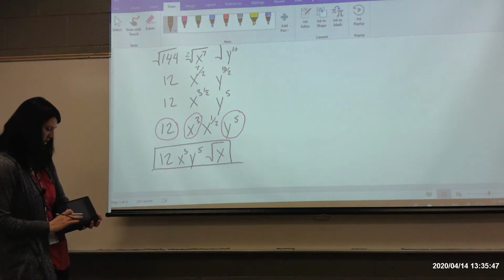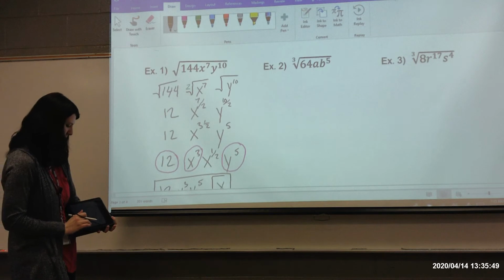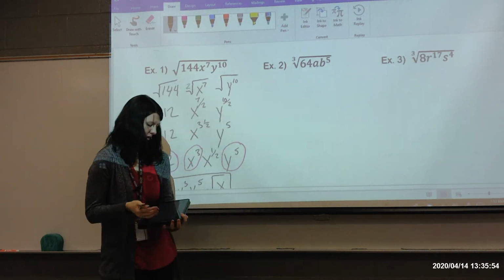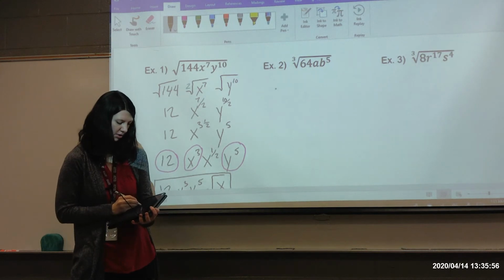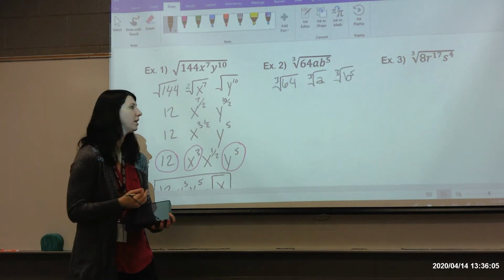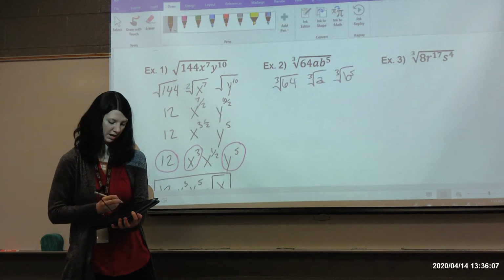All right, let's just see it 2 more times going through. So here we have the cube root of 64a, b to the 5th. Again, separate your number and your variables. Okay, I'm going to simplify my number. The cube root of 64 is 4.